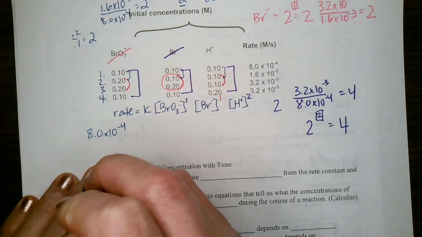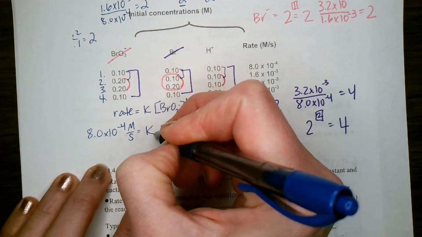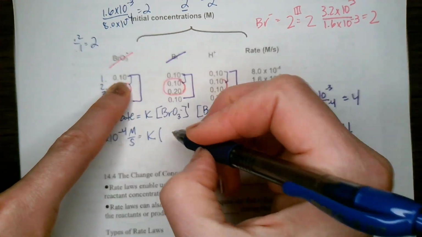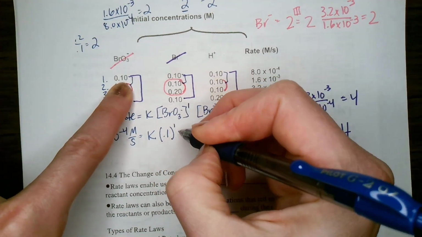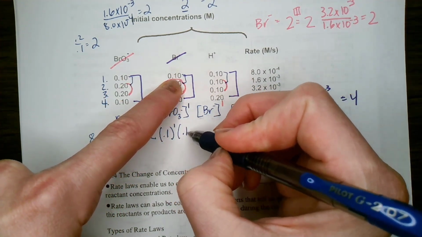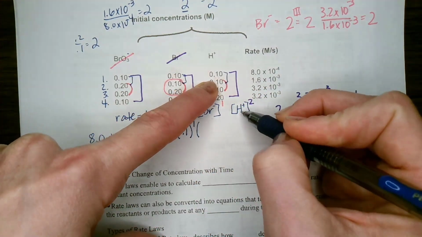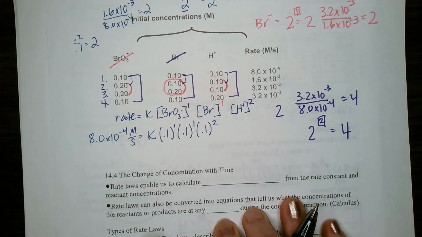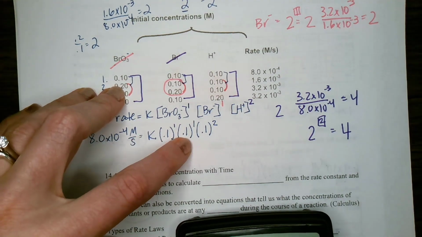So our rate, 8.0 times 10 to the negative 4, and this is molarity per second, is equal to k times our concentration of bromate in trial 1, which was 0.1, raised to the 1, times bromide, also 0.1, raised to the power of 1, times our hydrogen, 0.1 raised to the power of 2.